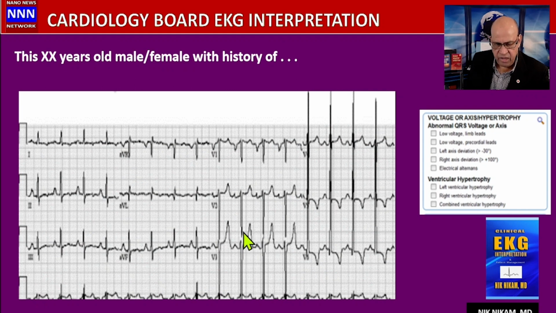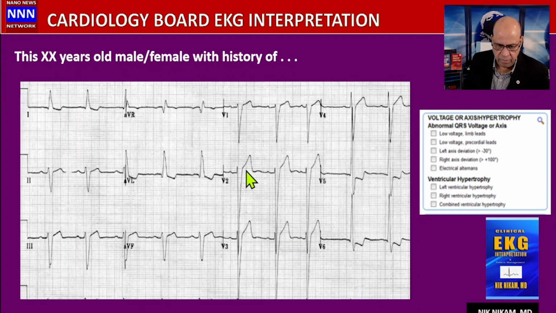Sometimes we see ST elevation and tall T waves. That doesn't mean there's anything pathological as far as hyperkalemia or ischemia like that. That is seen frequently with left ventricular hypertrophy, and also in patients with the left bundle branch block we see similar changes.